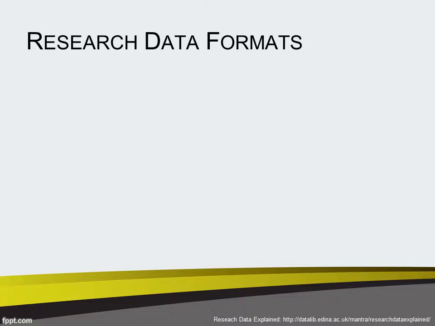Research data come in many varied physical file formats and content types. Research data formats can be text, numerical, multimedia, models, software, and can be discipline or instrument specific. Listed are the examples for every format.